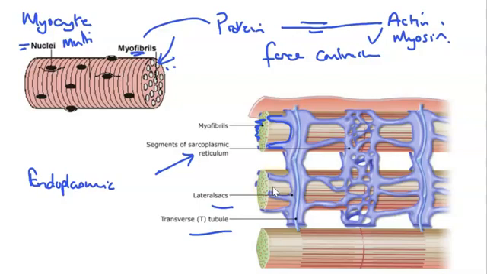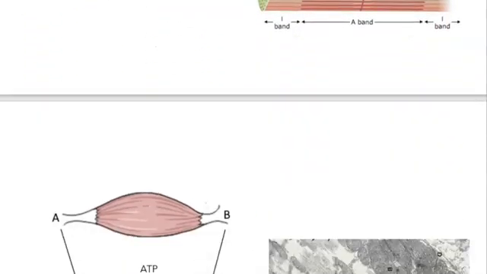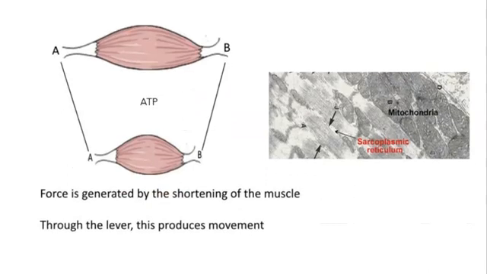But the important thing to remember here is that stored within the sarcoplasmic reticulum are calcium ions. And this will be a critical link to our study of the mechanism of muscle contraction.